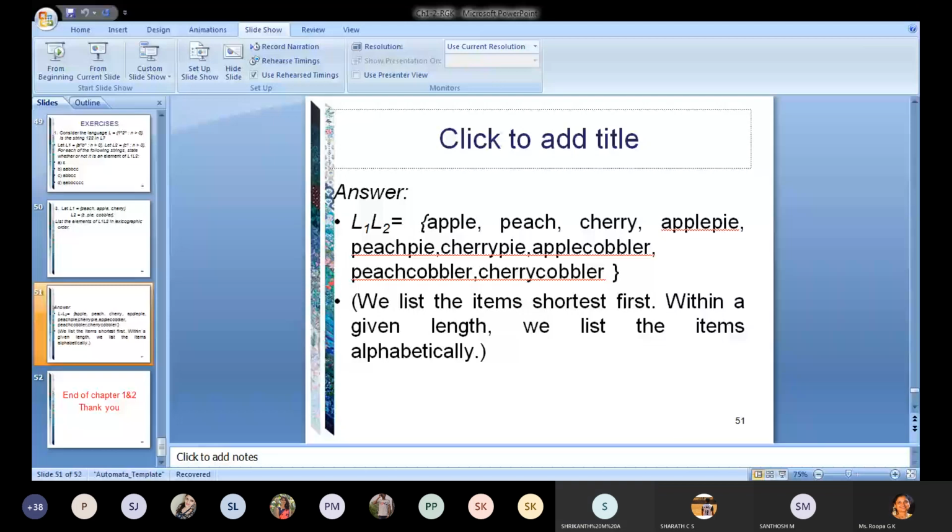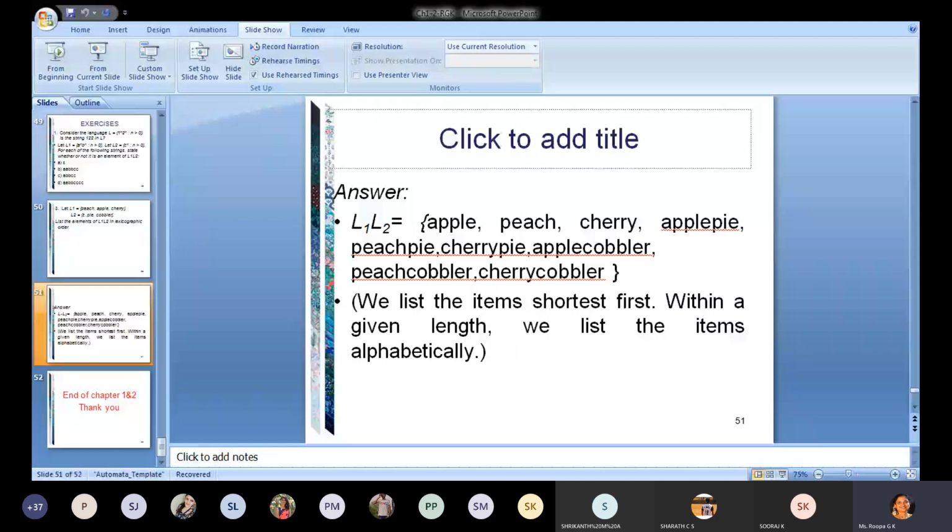Suraj, present, ma'am. Sri Lakshmi, yes, ma'am. Sudarshan, yes, ma'am. Abhishek, yes, ma'am.